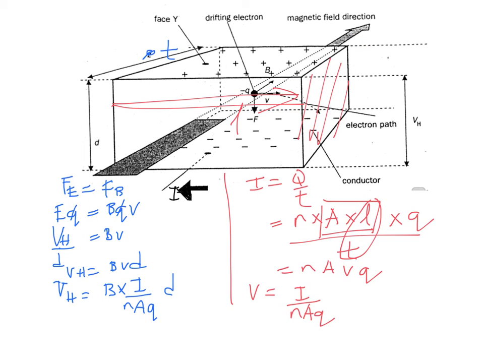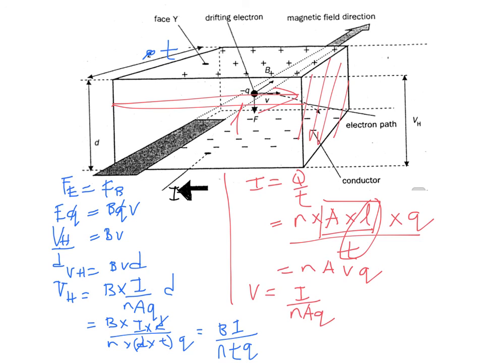So I can simplify it further. My A can now be D times T. What you're going to notice is that the D can be cancelled out, and what you're going to get is the final equation, which is BI over NTQ.